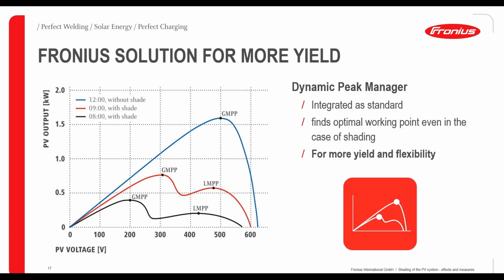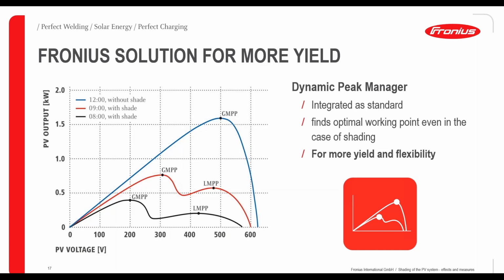And that's called the Dynamic Peak Manager. The Dynamic Peak Manager from FRONIUS is actually an integrated algorithm, which is integrated as standard, free of charge. It always finds the optimal working point, even in the case of shading.